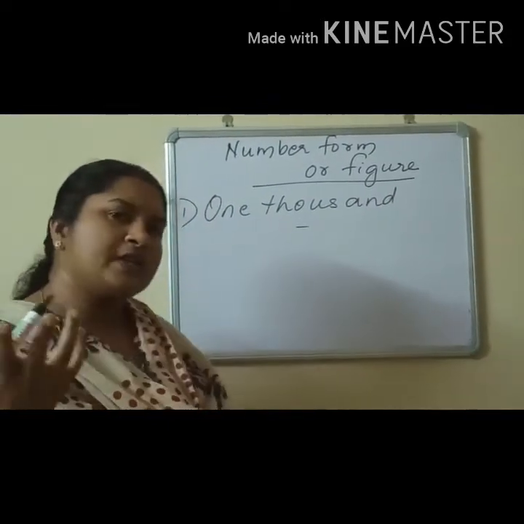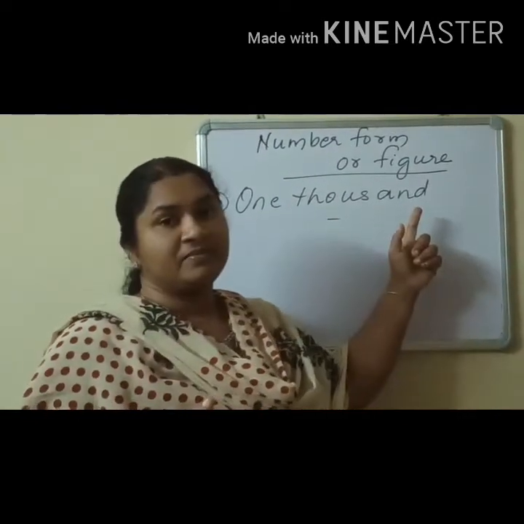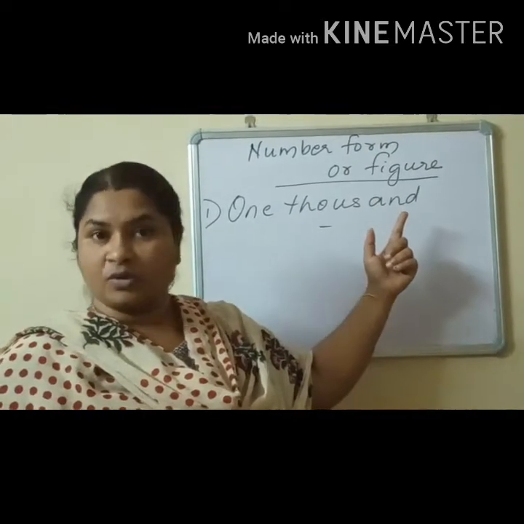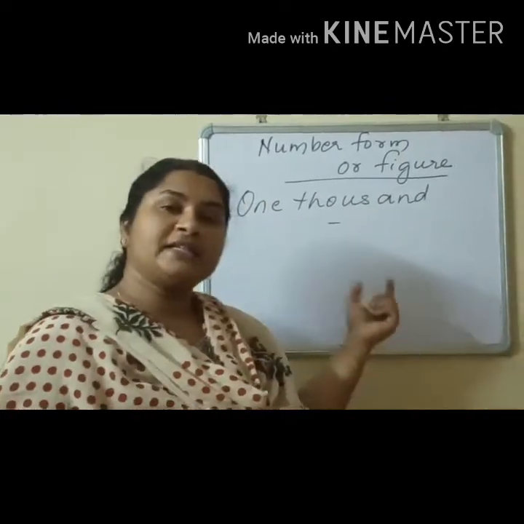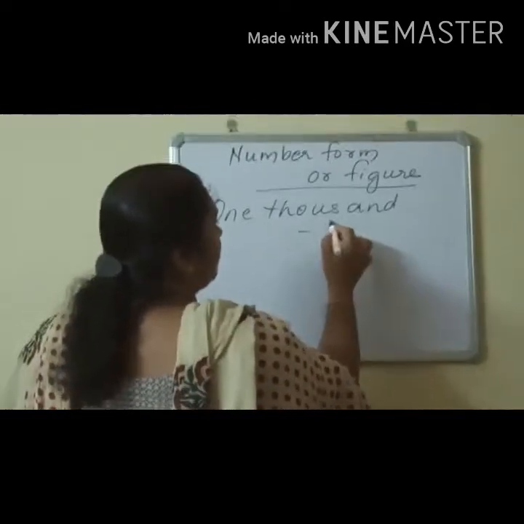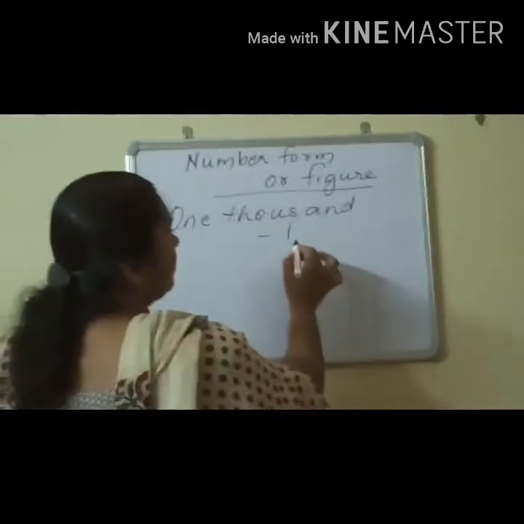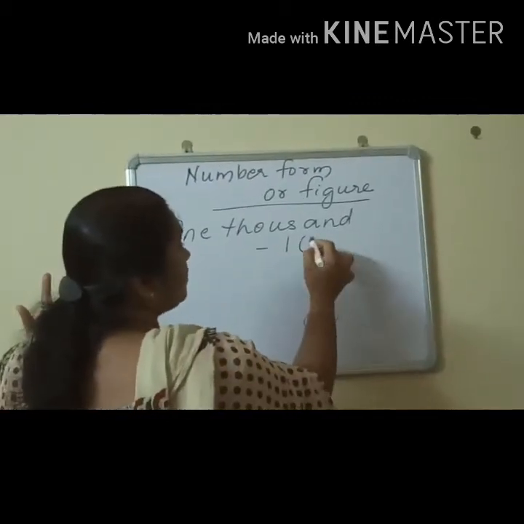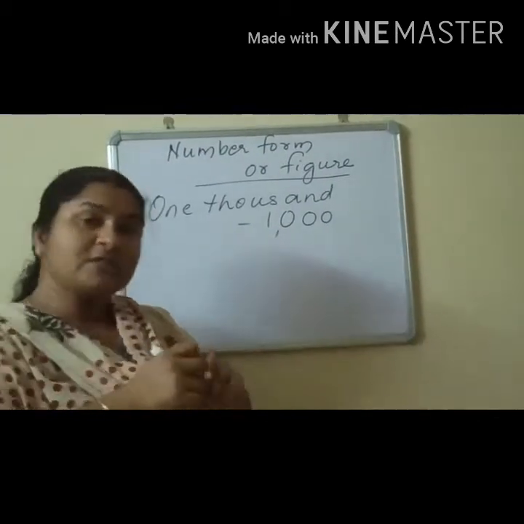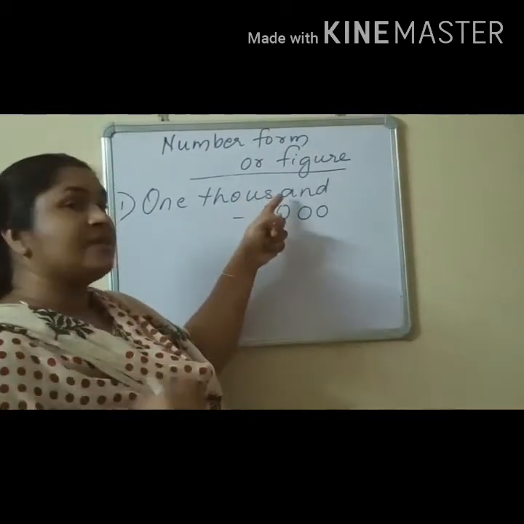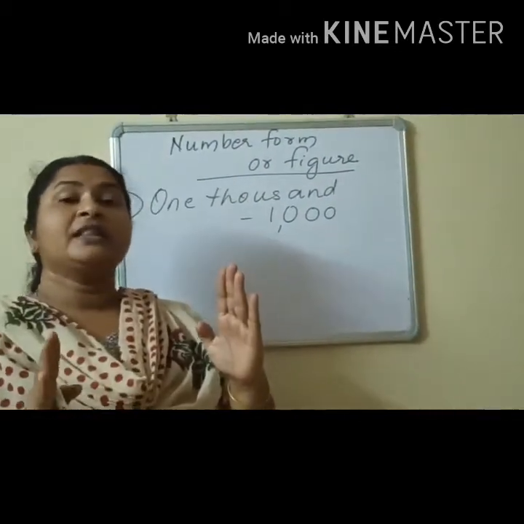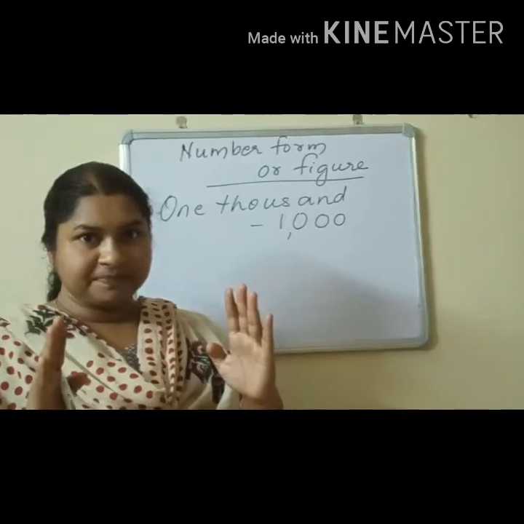How will you write 1000? This is given in number name, word form. So one thousand, 1000. How to write it? Yes, here 1 is there and nothing more is there, but we have to fill it with 3 zeros because 1000 means in the abacus ones, tens, hundreds, after that only the thousand came, isn't it?